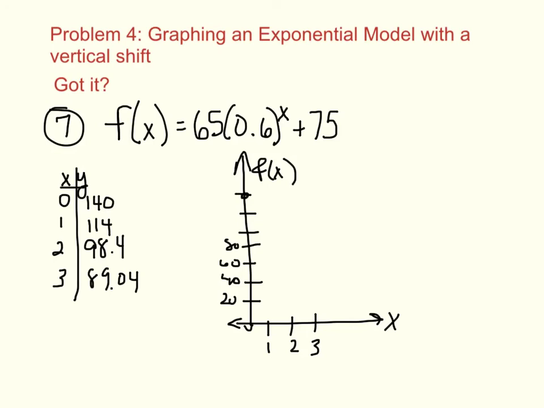So 0, 140; 1, 114; 2, 98.4; and 3 is 89. This graph is going to be doing that. Everything has been shifted up.